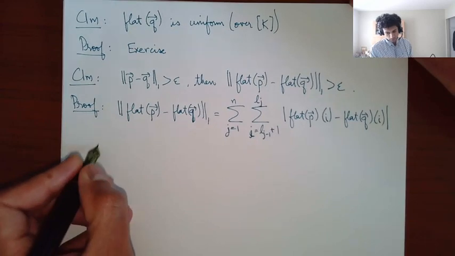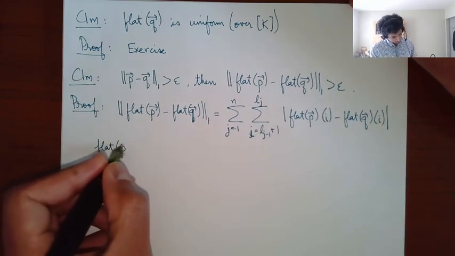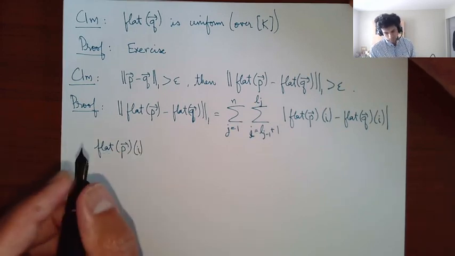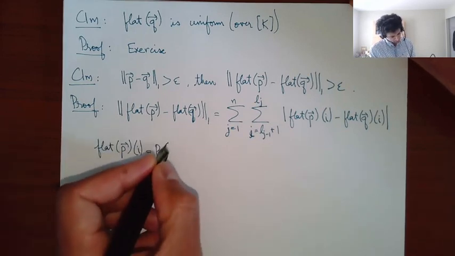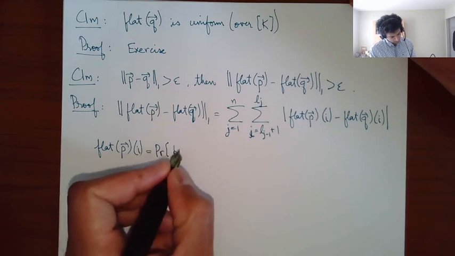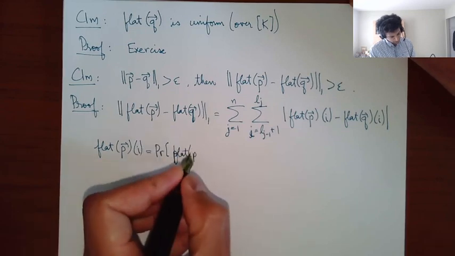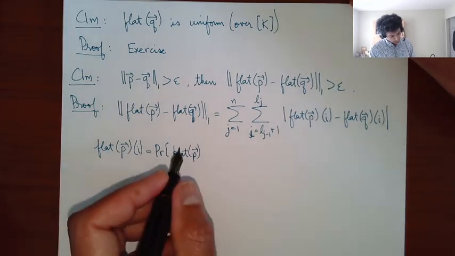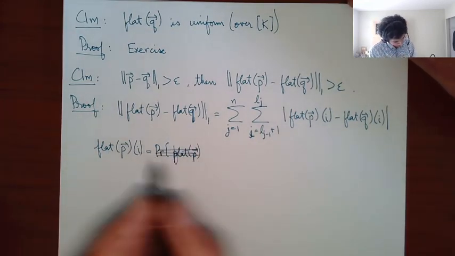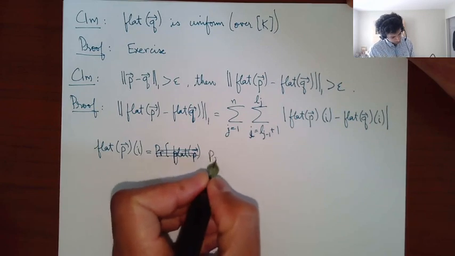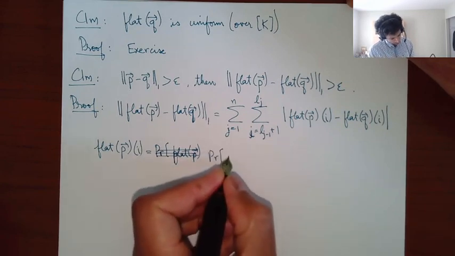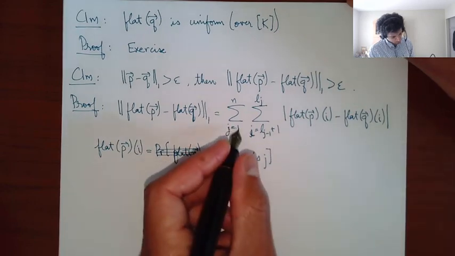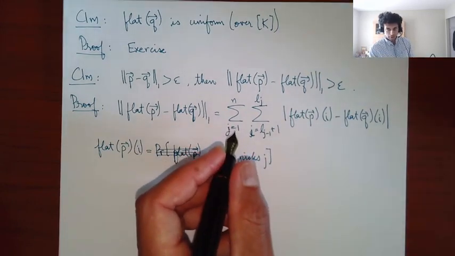Okay, so what is the flattening of P at some I? It is really just the probability that P picks j, because you have to pick the correct bucket.